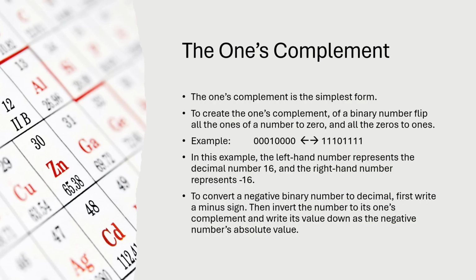Let's look first of all at the one's complement. The one's complement is the simplest form of complement. To create the one's complement of a binary number, you flip all of the ones of a number to 0 and all of the zeros to ones. This works for both positive numbers and negative numbers.